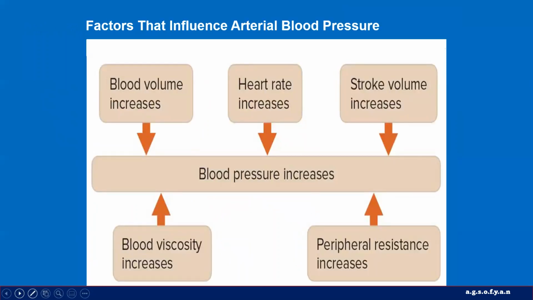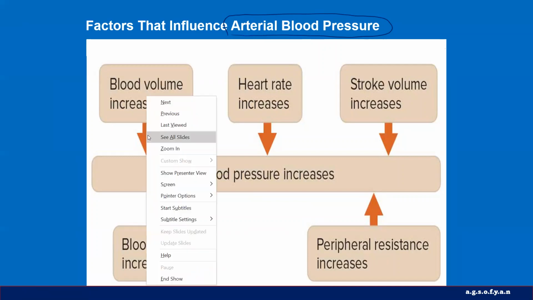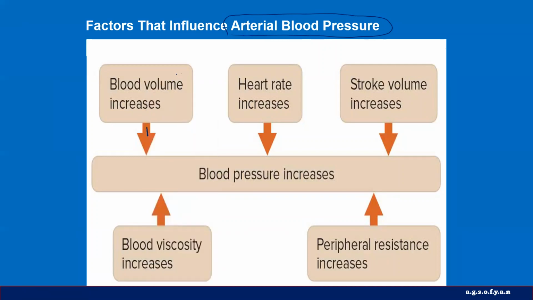There are some factors that influence the arterial blood pressure. Blood pressure, again, mostly comes from the artery, therefore we call it arterial blood pressure. The blood pressure increases when the blood volume increases. When the heart rate increases, the blood pressure will also increase.